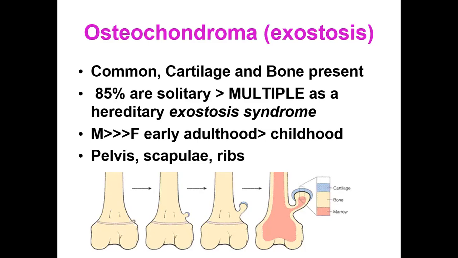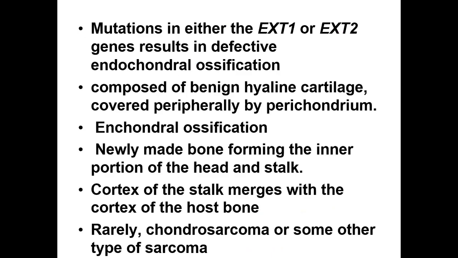Exostosis is caused by mutations in EXT1 or EXT2 genes. It results in defective endochondral ossification.